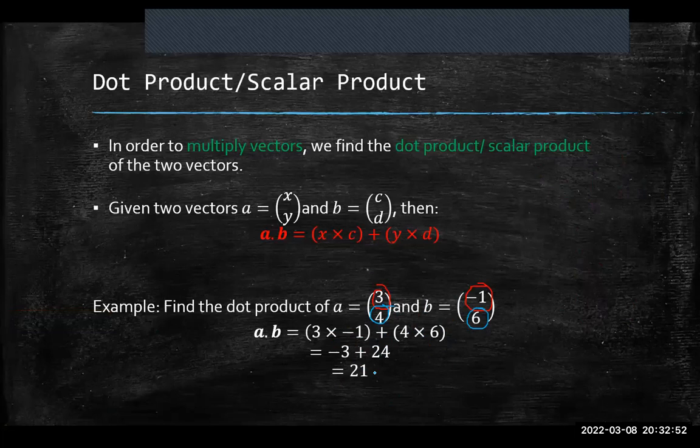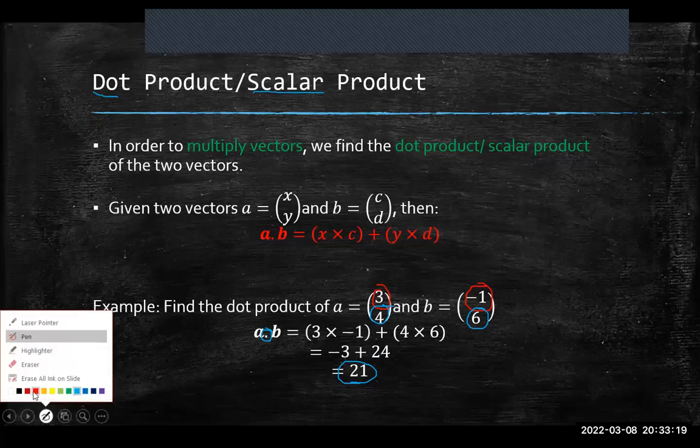So notice, whenever you do the dot product or you multiply vectors, your answer is a scalar value. And that's actually why it's called the scalar product, because your answer is a scalar value. And why it's called the dot product is because of this dot right here, right? That dot also means to multiply.